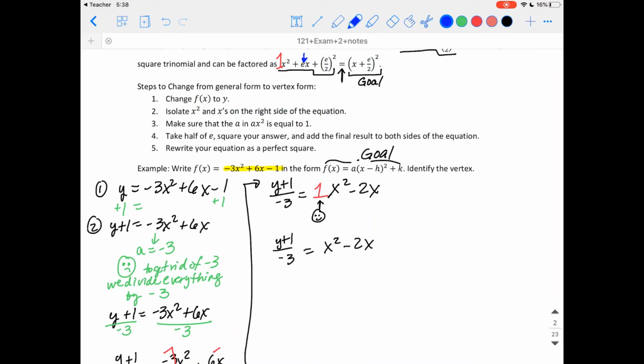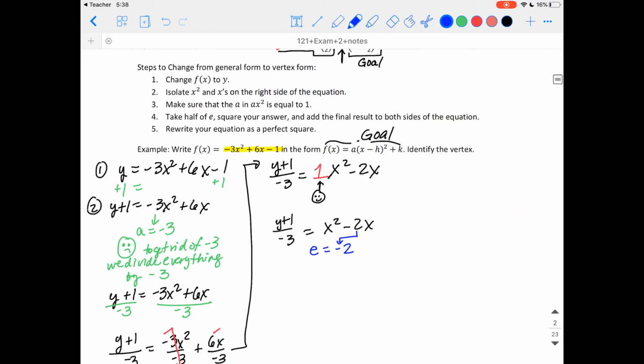So in our little problem here, our e is going to be not just 2, but negative 2. It's going to be negative 2. All right. So going back to the steps technically, so here, this was, I guess, all of step 3. And now we're going to be on step 4.